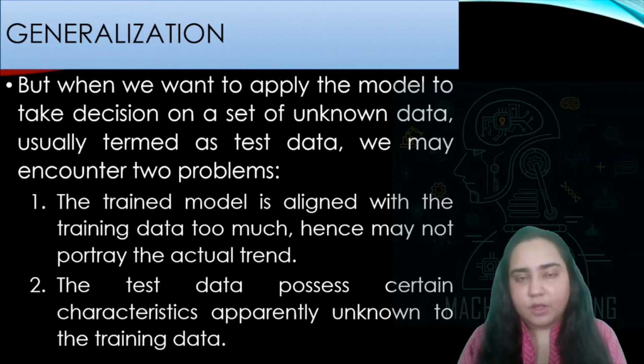So if you're performing some classification of positive and negative reviews, you might be doing that on the basis of some words that you have encountered within the reviews. And suppose some new review comes in with a word that your model has never seen before, then it is not going to be able to analyze such a word. So that is what happens when you have a model that is trained. There are chances that the model is not able to accurately predict the trend.